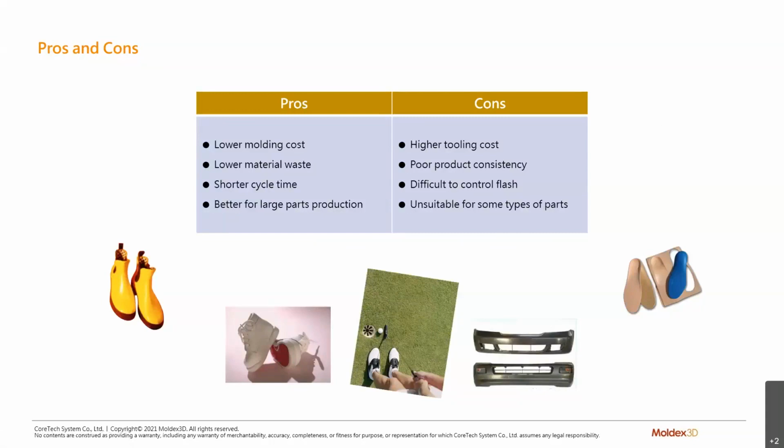But compression molding is easier, using the compression force, and there is less material waste because there is no runner system. It has some flash, but compared to injection molding, it still uses less material.